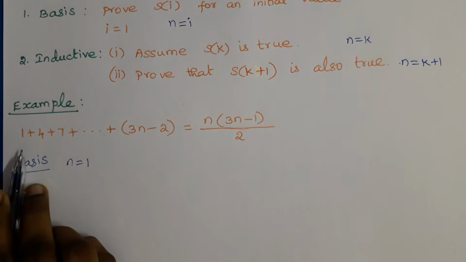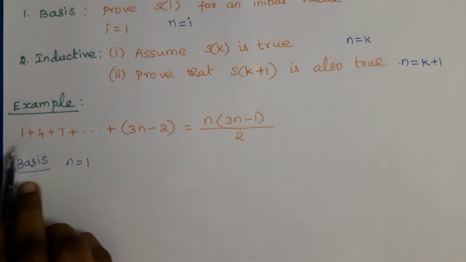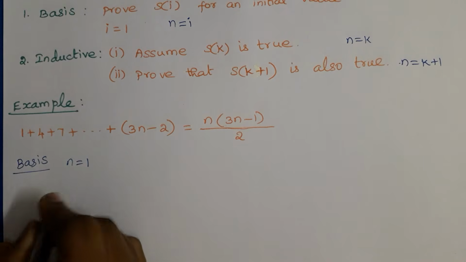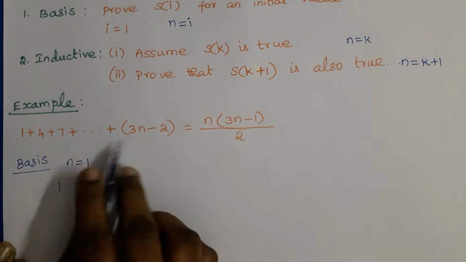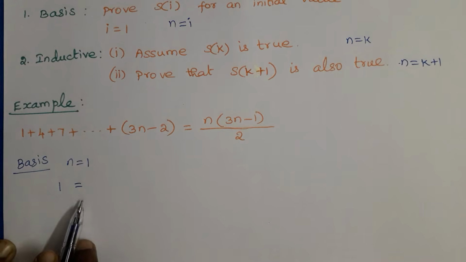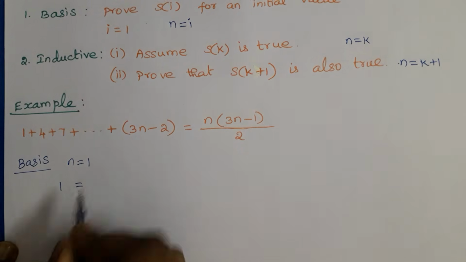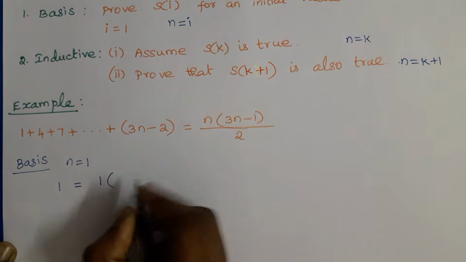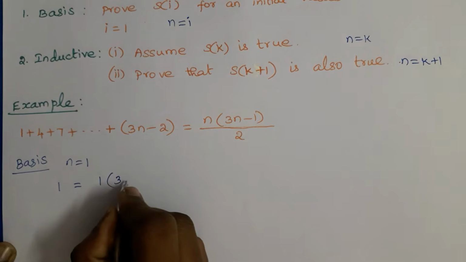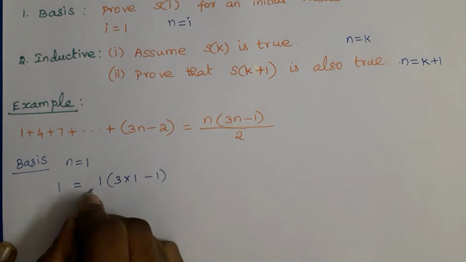So we have to consider the first term in the equation. The left hand side of this equation is 1, and we substitute 1 in the right hand side of the equation. So we get 1 into 3 times 1 minus 1 divided by 2.